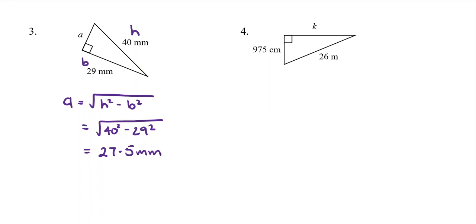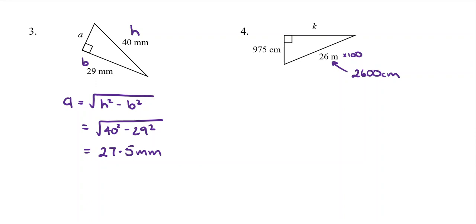So how many centimetres are in a metre? 100. You think of your metre ruler. There's 100 centimetres. So we're going to times that by 100, which makes it 2,600 centimetres. Now I have centimetres here and centimetres here, so we're good to go.